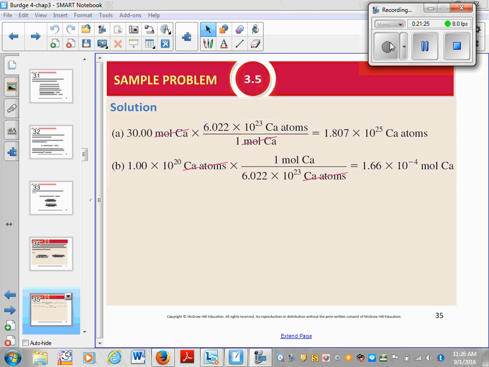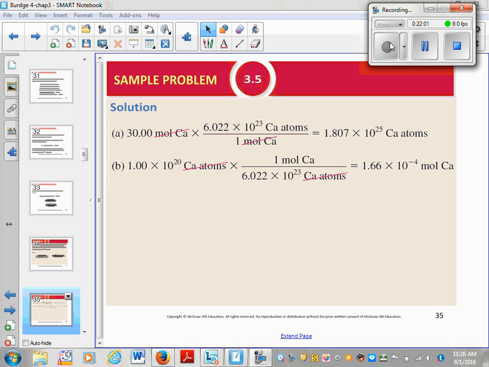So where we are at the top here is particles and moles. We just did that. In the problem with the calcium, particles were calcium atoms. So if you go from atoms to moles, you follow the arrow this way, and it says you divide by Avogadro's number. When we had the 30 moles of calcium, we wanted to know how many atoms. We're going from moles to atoms, so we multiply by Avogadro's number.